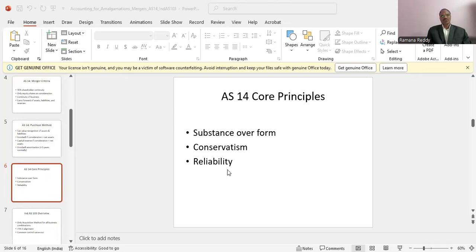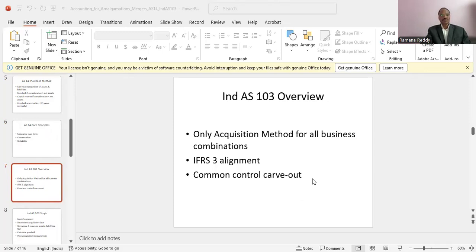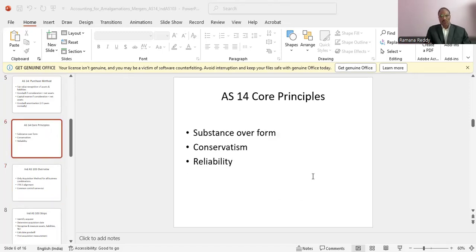This dual approach gave preparers flexibility, but also allowed more transactions to be classified as mergers, carrying forward book values and avoiding goodwill.